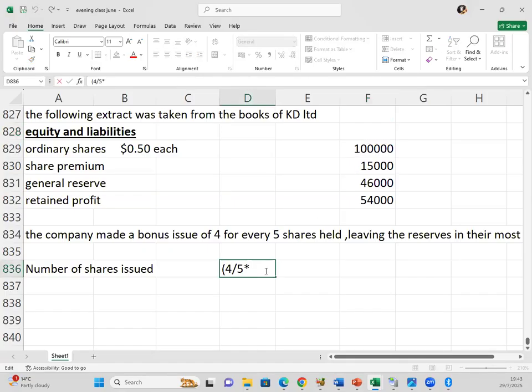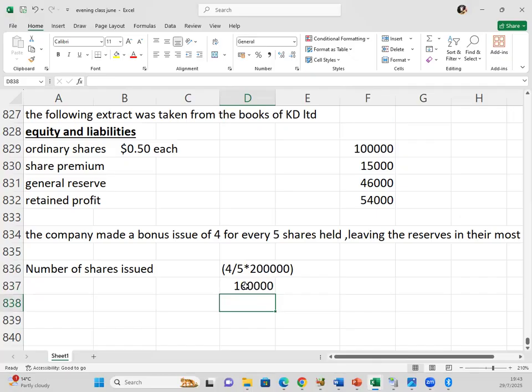So you are saying 4 over 5 of 200,000. 200,000 are the shares that we had. So the number of shares for the bonus issue is 4 over 5 times 200,000, which is 160,000.